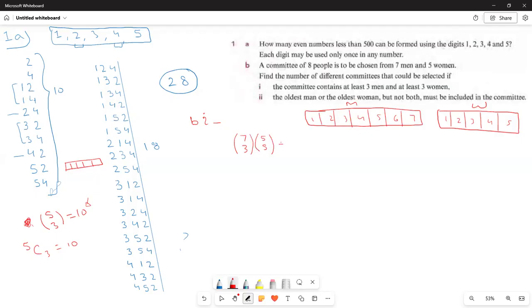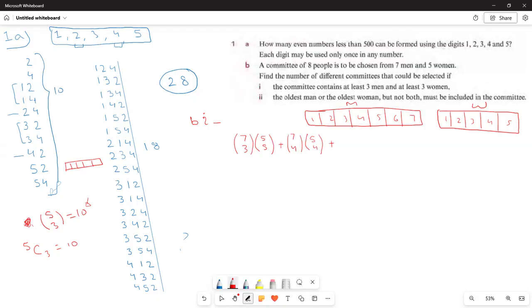Okay, now I can make 4 men and 4 women. So how many ways can I select 4 men? This is 7 combination 4. And how many ways can I select 4 women from 5? So this is going to be 5 combination 4. And the next one is, okay, let me select not 4 but 5 men and 3 women.